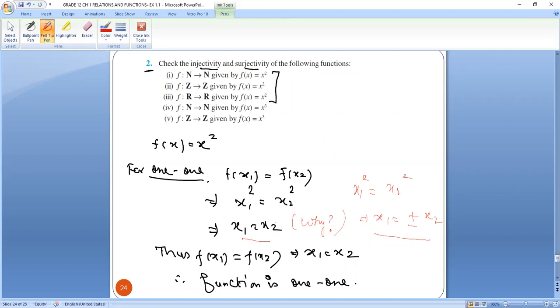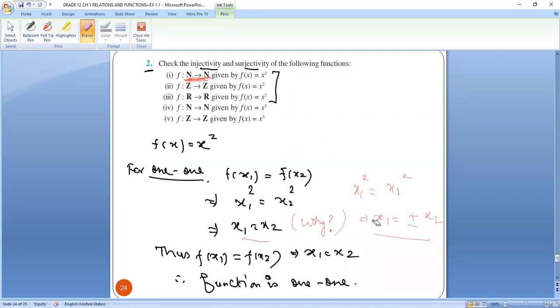X1 square is equals to x2 square implies x1 is equals to x2, but I should have written x1 is equals to plus minus x2, but why I have written this? Because we are applying the function on natural numbers. Yes, reason is the set is of natural numbers and negative numbers do not exist.